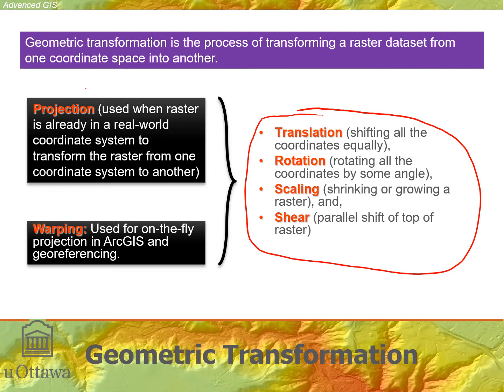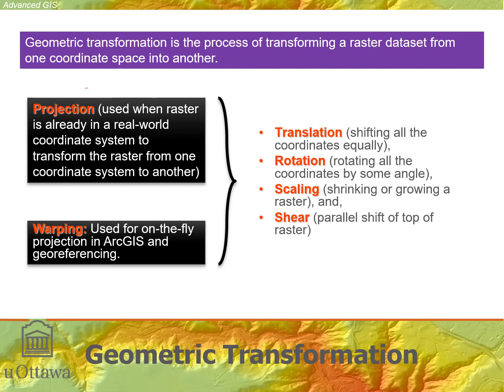It can be one of these things, two of these things, or a combination of all four of these things that can take place in order to put a raster into a new coordinate system, whether it's from an existing coordinate system to another existing coordinate system, both being real-world coordinate systems, or from a raster column and row coordinate system into a real-world coordinate system. So we'll have a look at these.